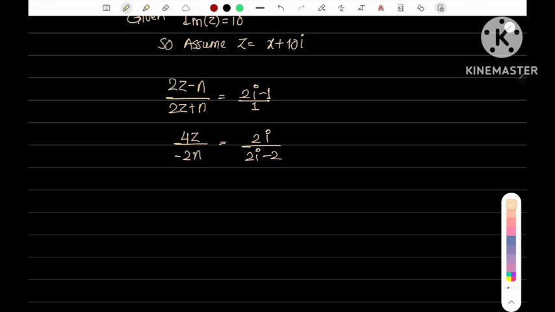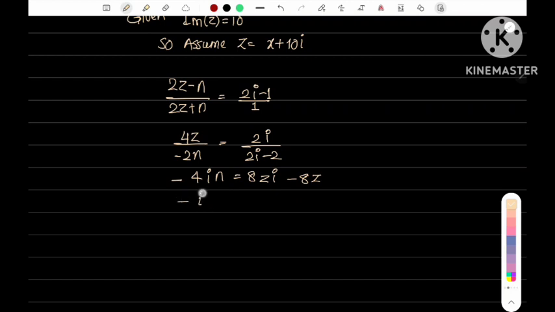I can cross multiply now. So this will be equal to minus 4in is equal to 8zi minus 8z. Take 4 common out.